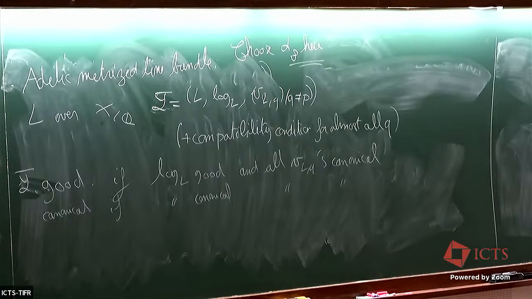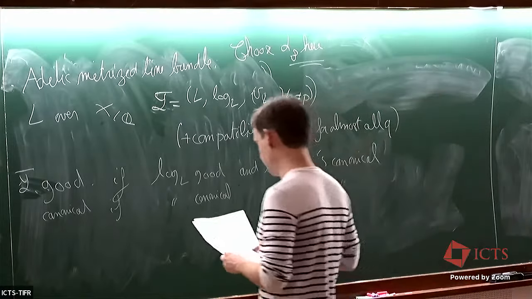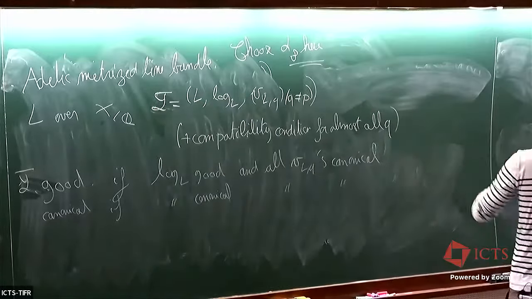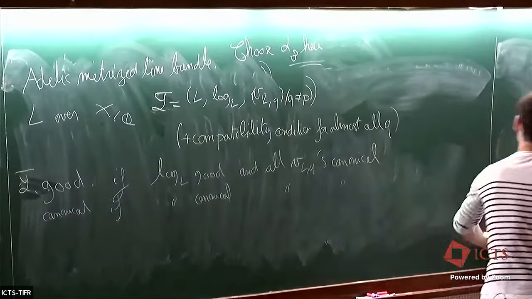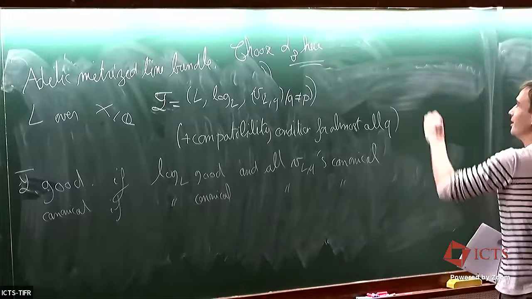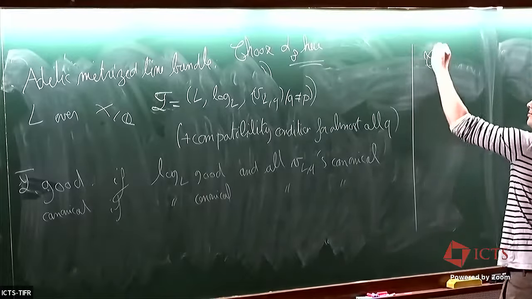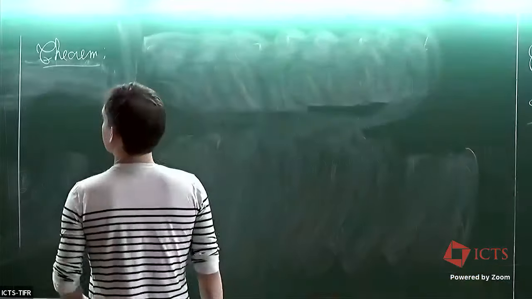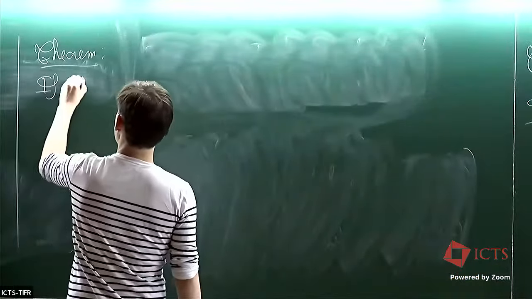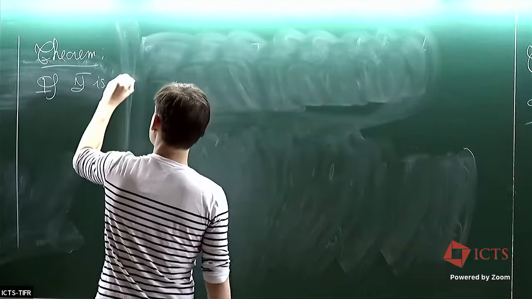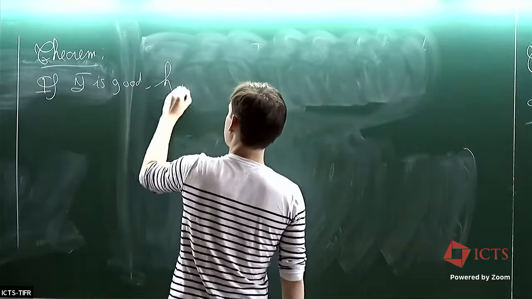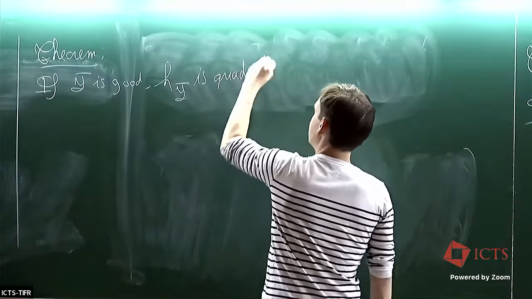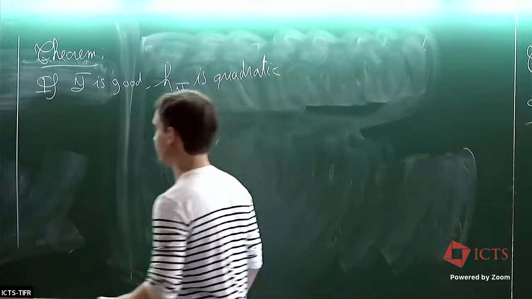Now, and that's what I will show, and actually it's not a very difficult result, the heights defined with so much effort are actually very nice. So if L bar is good, h_L bar is quadratic. Okay, first thing.